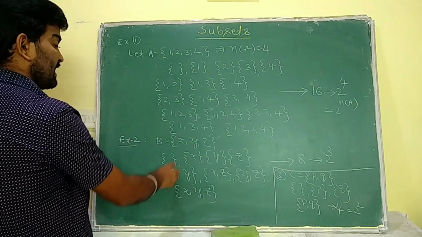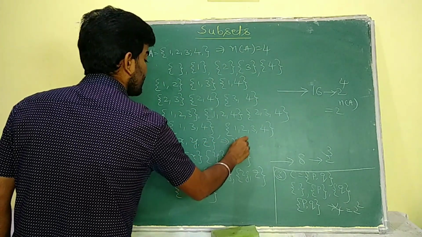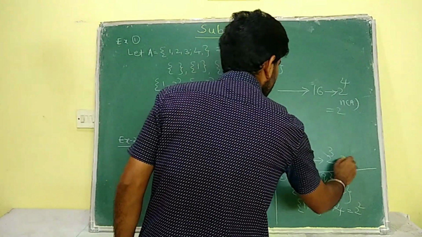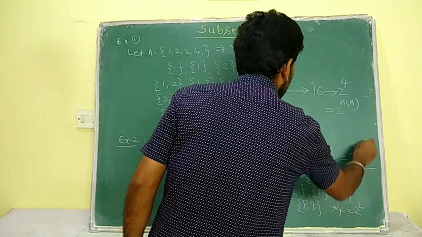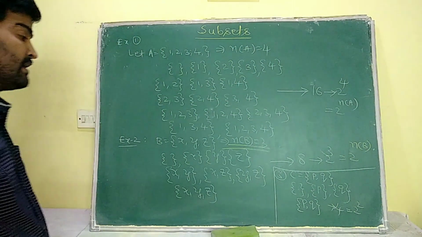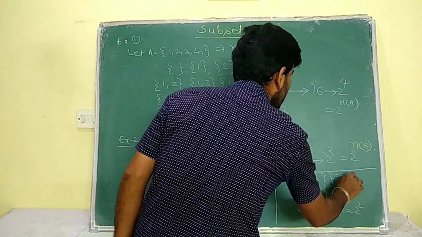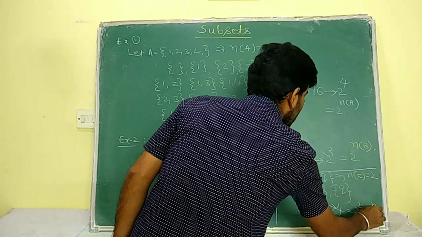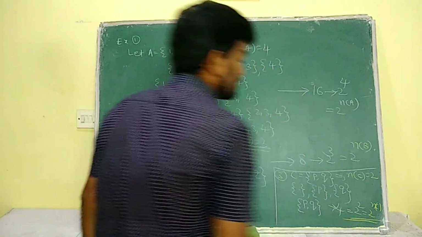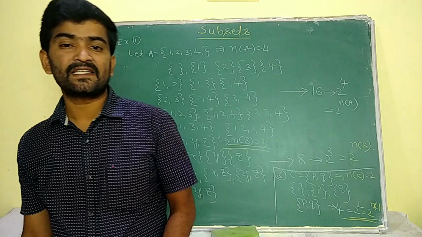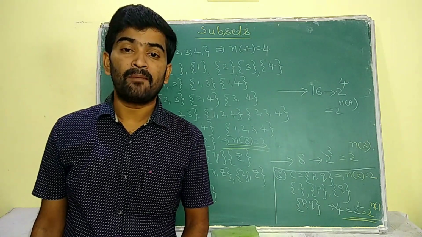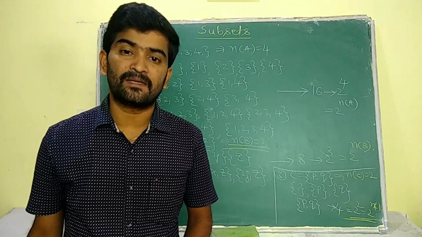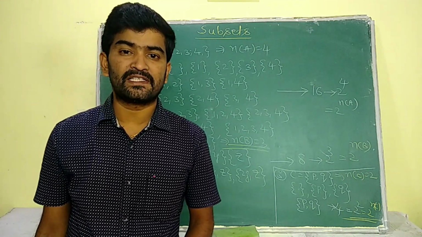Coming to this B, it is having 3 elements, n of B is equal to 3, so it is equivalent to 2 power n of B subsets. Coming to this, n of C is equal to 2, so it is having 2 power n of C subsets. Simply we will generalize that. Let A be a set. If it is having m elements in it, then it is going to have 2 power m subsets. I hope you understand.